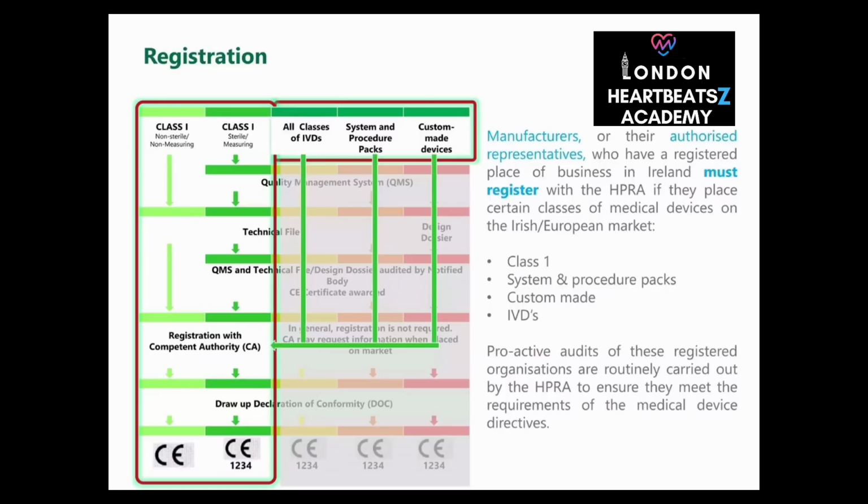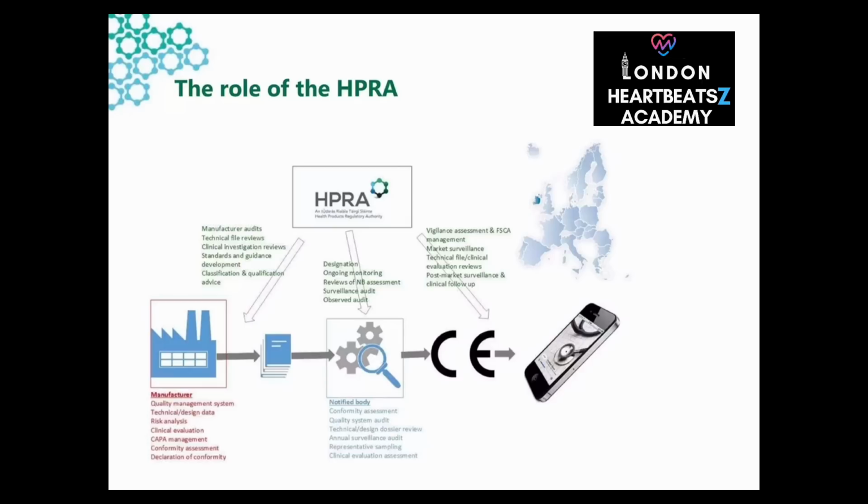Generally, it's not required for Class I devices unless they're sterile, have a measuring function, or are what are called system or procedure packs. However, all manufacturers of custom-made devices, regardless of their class, need to register. So custom-made devices are a special case? They are. Also, all classes of in vitro diagnostic software, or IVD software, need to be registered. So that's a specific type.